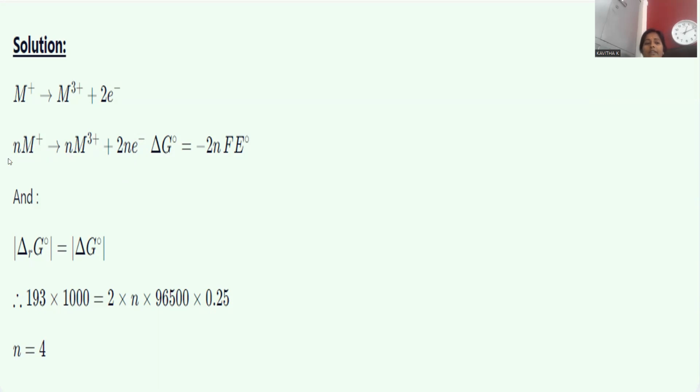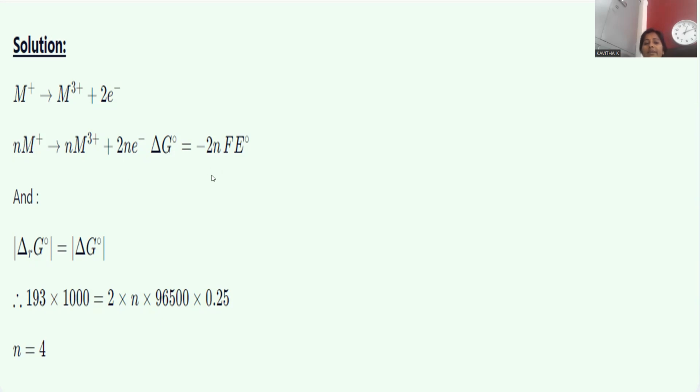Whenever N metal ions are oxidized, that Gibbs free energy, the standard Gibbs free energy, we have to say, delta G naught is nothing but the standard Gibbs free energy change. Standard Gibbs free energy change is described as minus 2N F E naught. N is nothing but the number of moles.